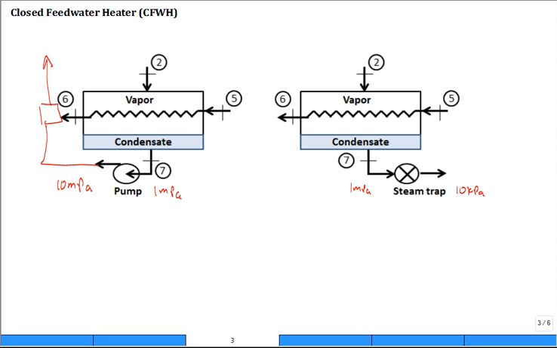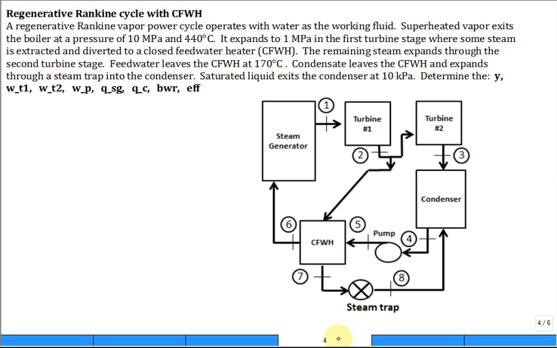Make sense? Very good. Let me pause. We can take a problem like this, okay? Here you see a steam trap, the closed feed water heater. I've listed the number of the states, right? And we can actually analyze it both by hand, though it takes some work.